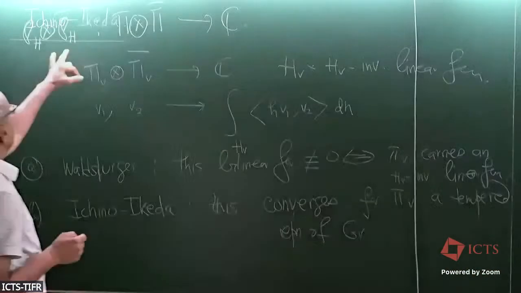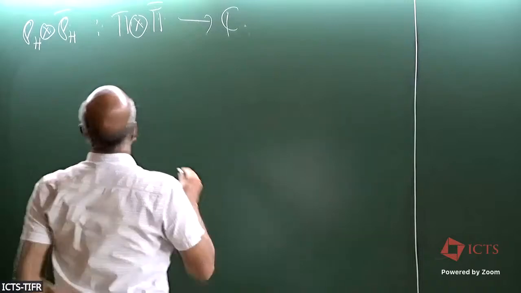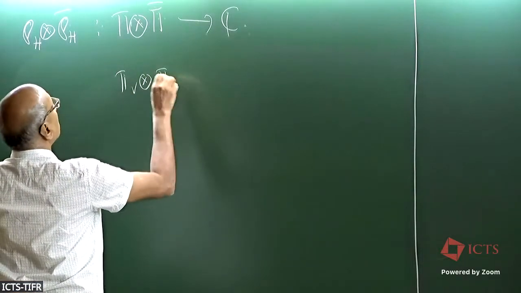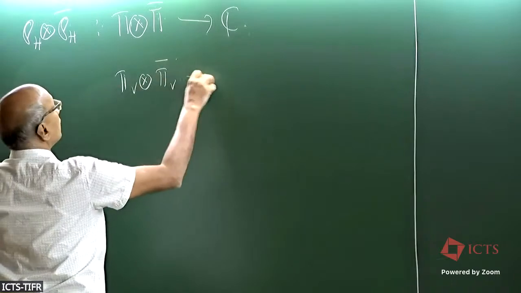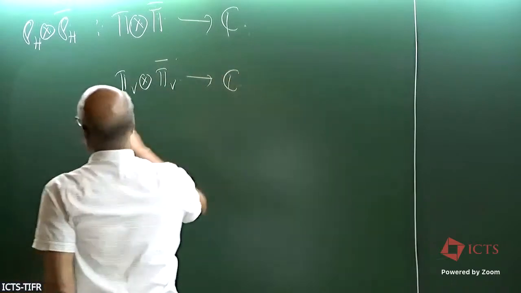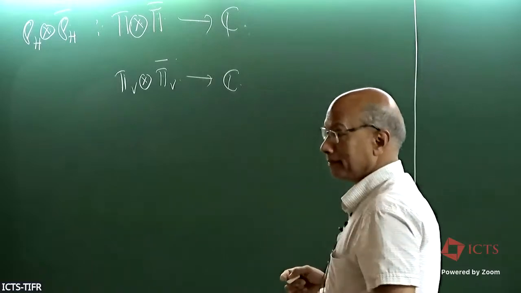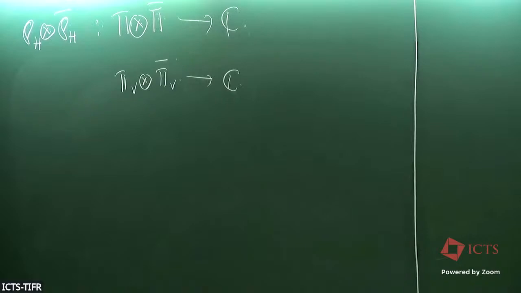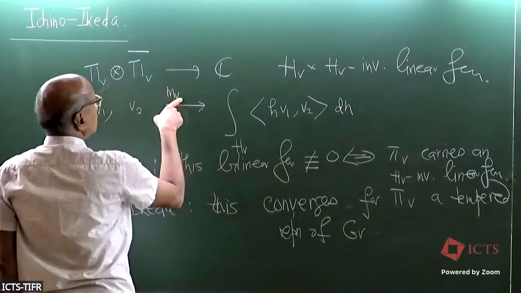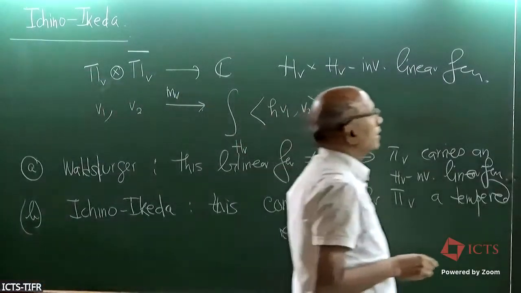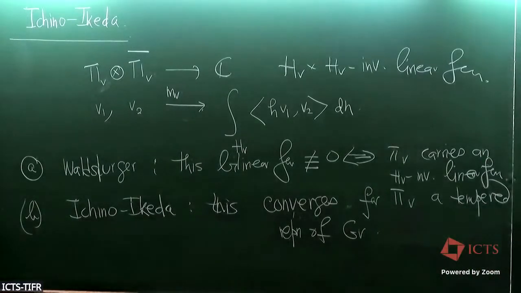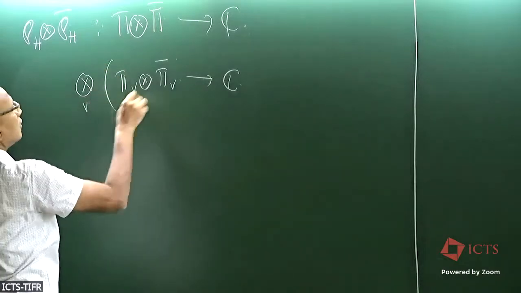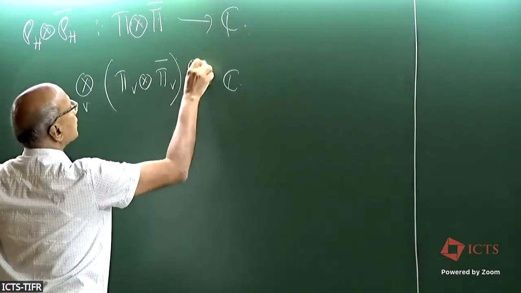So we have this period integral. On the other hand, we have created these invariant linear forms. Maybe I will call them MV. This is called the matrix coefficient. So we will have the tensor product over V of this, and this is the tensor product of MV.